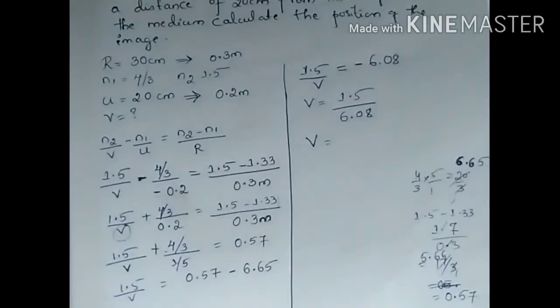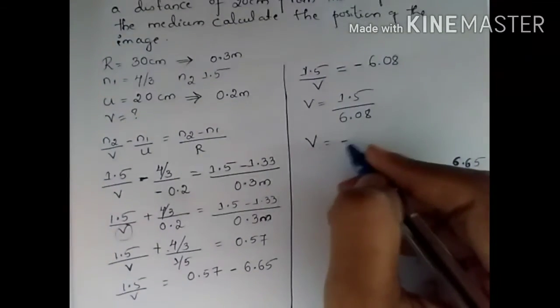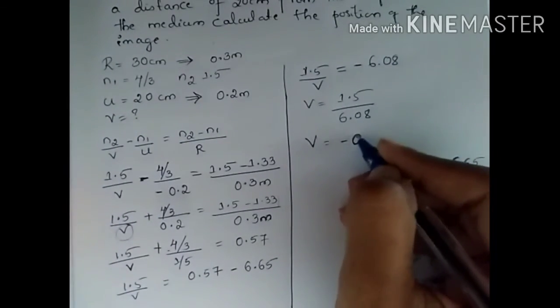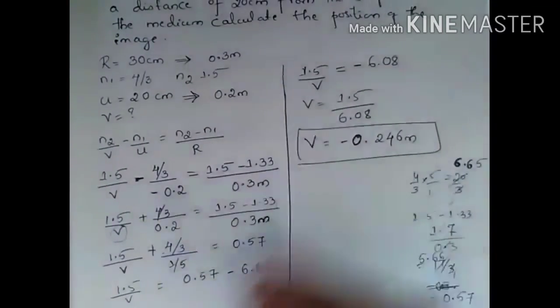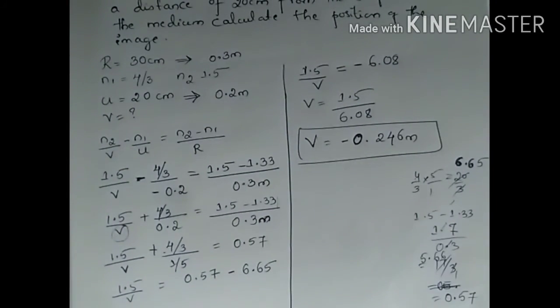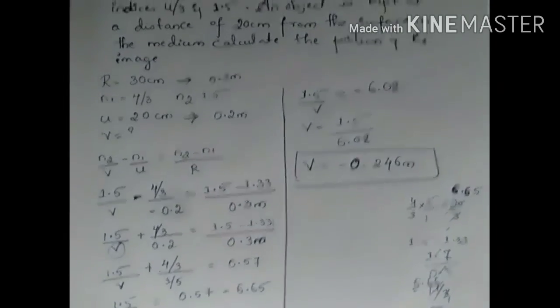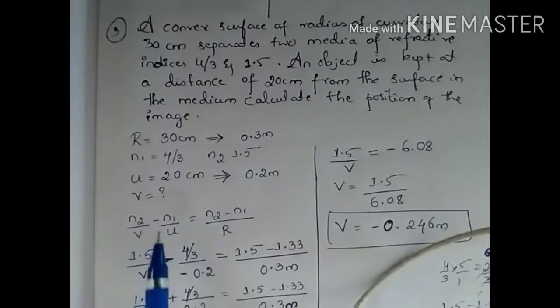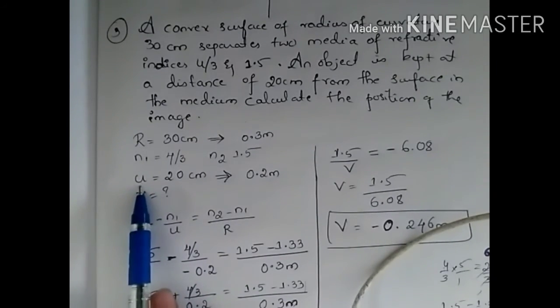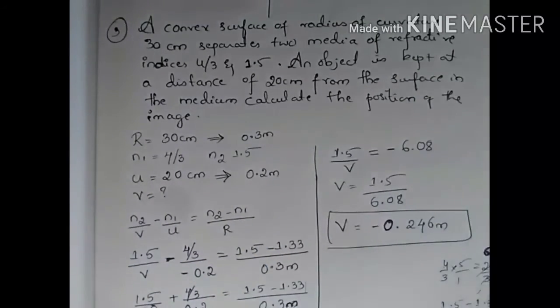If you calculate the value for this, then you will get minus 0.246 meter. So this is the position of image when the position of object was 0.2 meter.